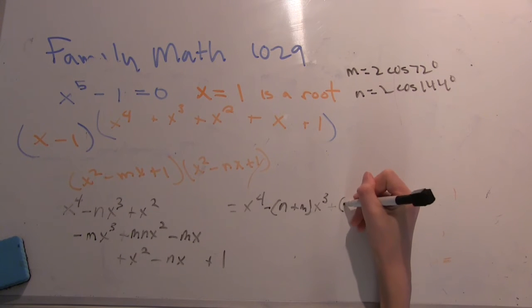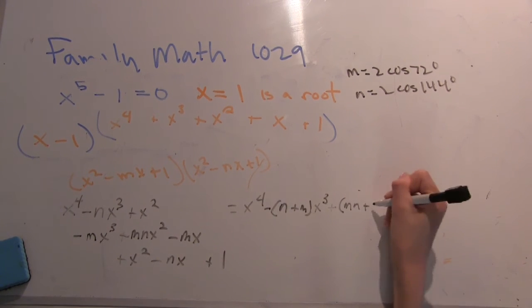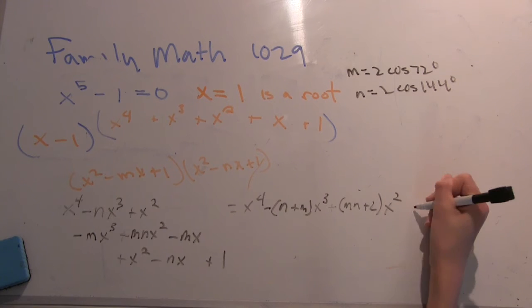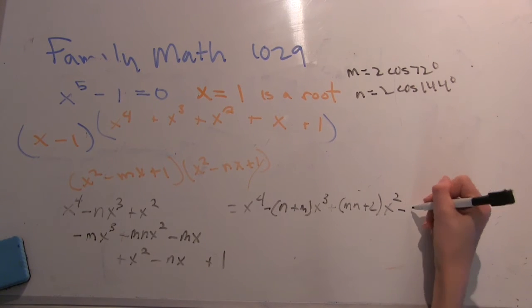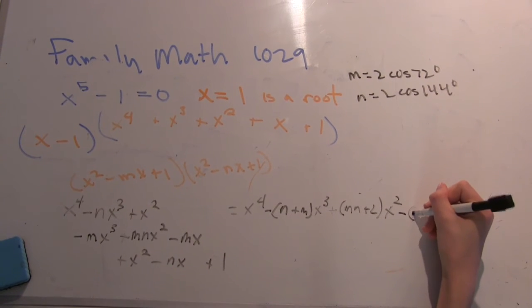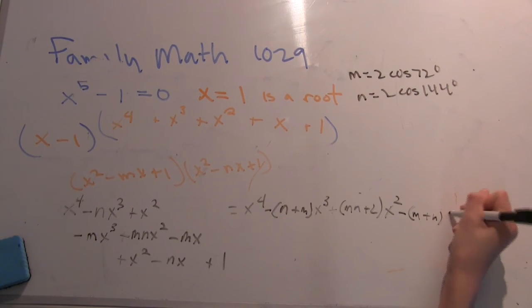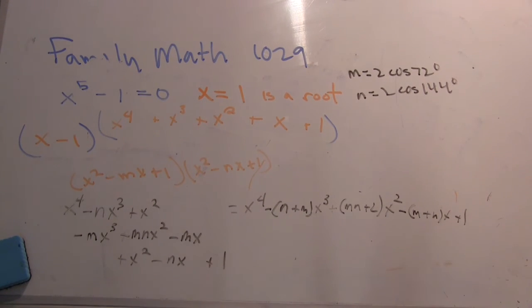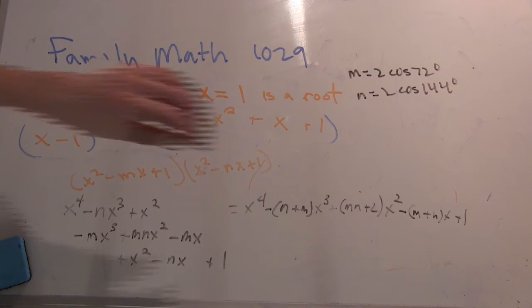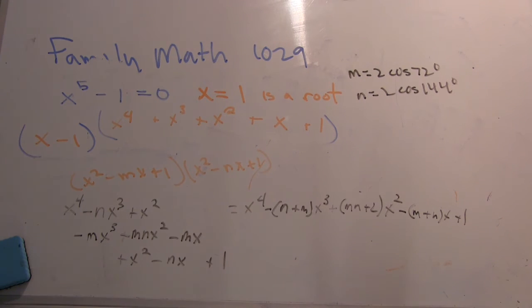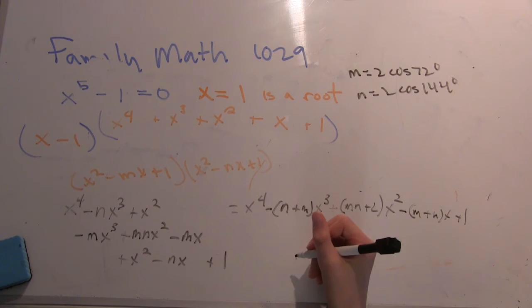Plus (mn plus 2) x squared minus (m plus n) x plus 1. From this we can get some equations for m and n together.